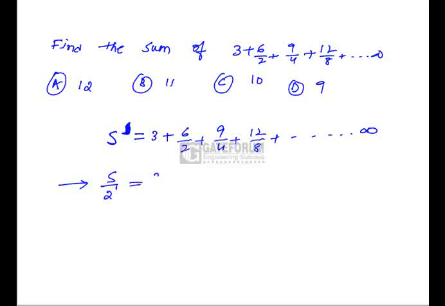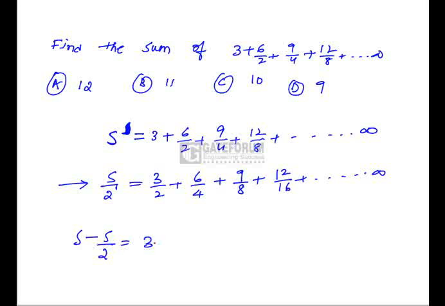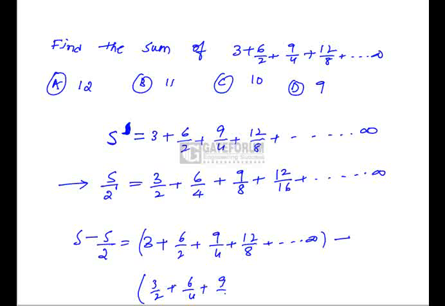So S by 2 will be 3 by 2 plus 6 by 4 plus 9 by 8 plus 12 by 16 plus so on up to infinity. Then I'll subtract this S by 2 from S, which will be 3 plus 6 by 2 plus 9 by 4 plus 12 by 8, so on up to infinity, minus 3 by 2 plus 6 by 4 plus 9 by 8 plus 12 by 16, so on up to infinity.